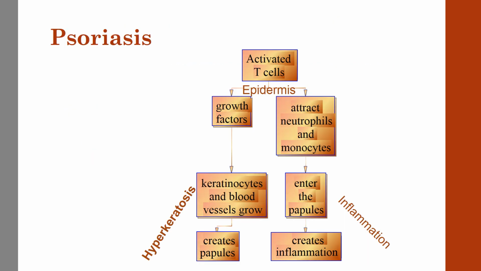Okay. So psoriasis is like another slide just to give you an idea of what's happening. T cells will go into the epidermis. T cells getting activated, that's the main problem. And they will attract neutrophils and monocytes, and at the same time growth factors will attack keratinocytes, and that will create the papules or plaques.